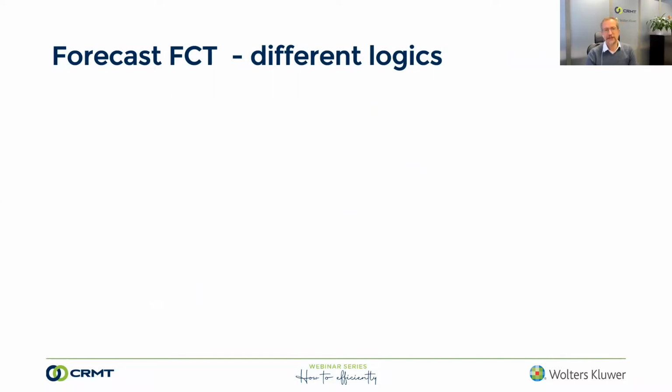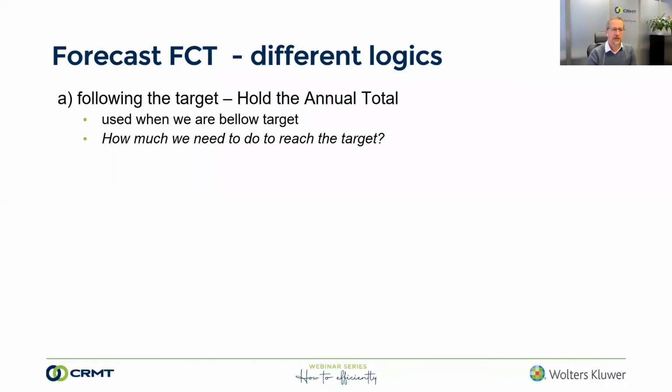When doing forecasting, we have two different logics that are the most important ones that I would like to share with you today. The first one is following the target. We set the target with the budget, and we are now following the target. We sometimes refer to this option also as hold the annual total.